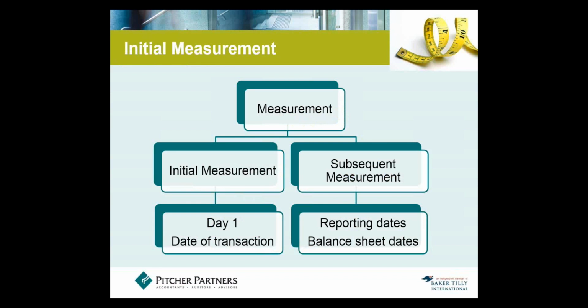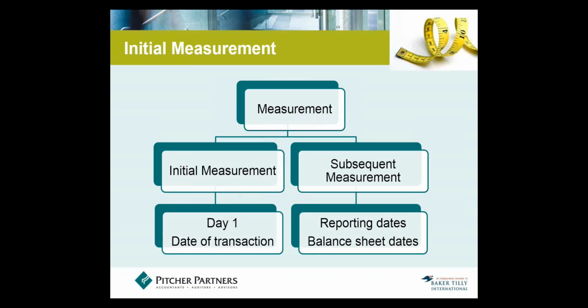So if you look at initial measurement, because that's really the big deal, the journal is never hard. The recognition is not hard, it's the measurement. Now, most accounting standards talk about either initial measurement or subsequent measurement. So they'll say initial measurement of an item is as follows, and then subsequent measurement is something different.